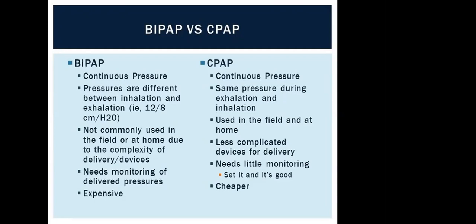BiPAP is expensive, like I mentioned before, and CPAP can actually be used at home. Patients who are discharged home can have a CPAP machine as a home appliance because it's less complicated to operate, and it's useful, especially in treating or managing acute hypoxemic respiratory failure.